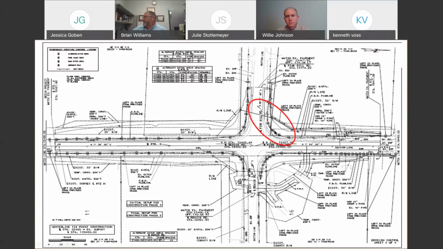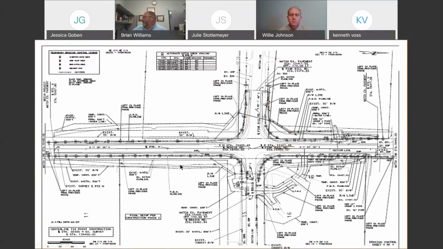There, those ditch checks finally come into play. And then on the final plan sheet, plan sheet 4, now you can see the whole final package. Okay, complete final design erosion control plans.